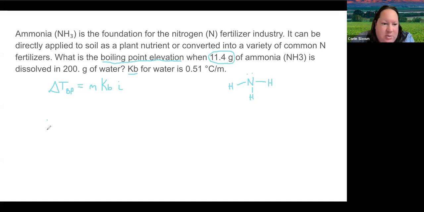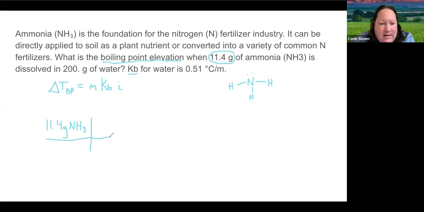So this is 11.4 grams of our ammonia. Okay, we're going to need to convert that into moles.